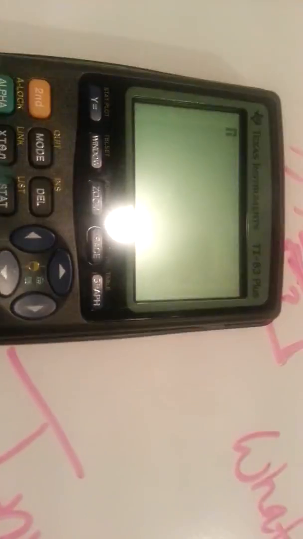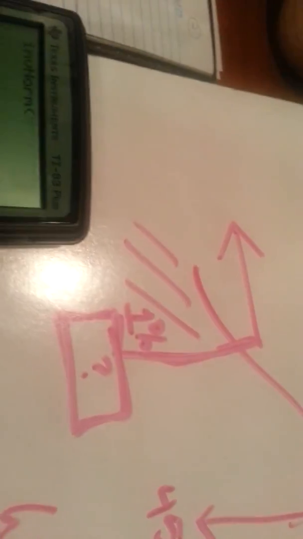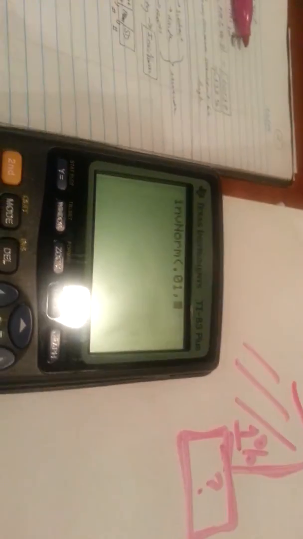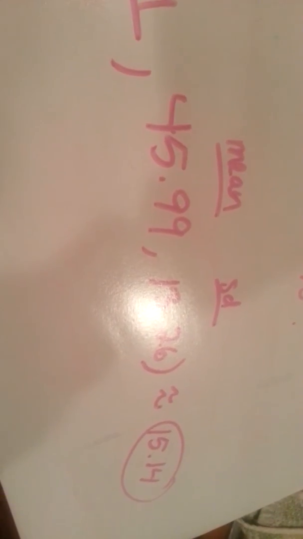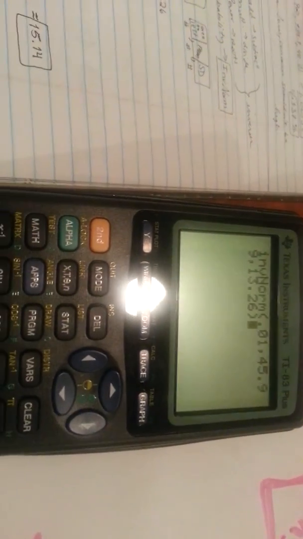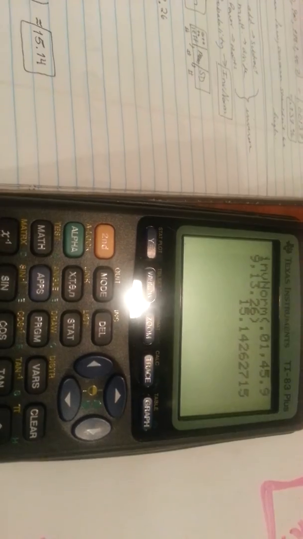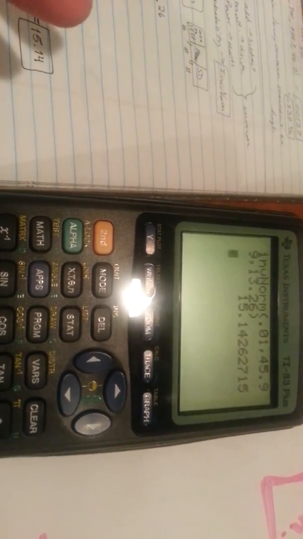So again, you do second vars, and you go down to 3, inverse norm. And the 3 numbers you're going to type in is what's to the left. Well, here you have your box. What's to the left? 1%. How do you type that in? 0.01, comma. And that's it. And we'll give you another example in the next video, but that's all you do. Then you do the mean and standard deviation. Okay, and then you type it all in, hit enter, and you get your answer, 15.14, or about $15.14.